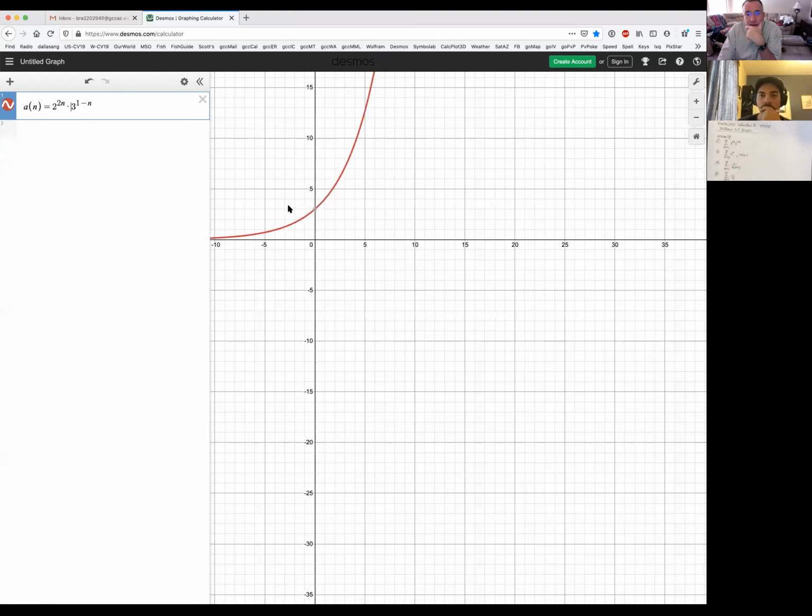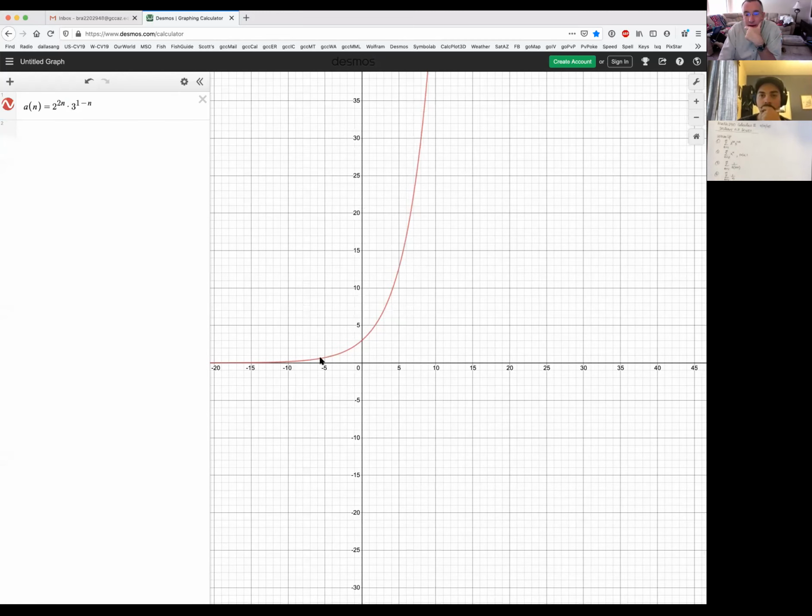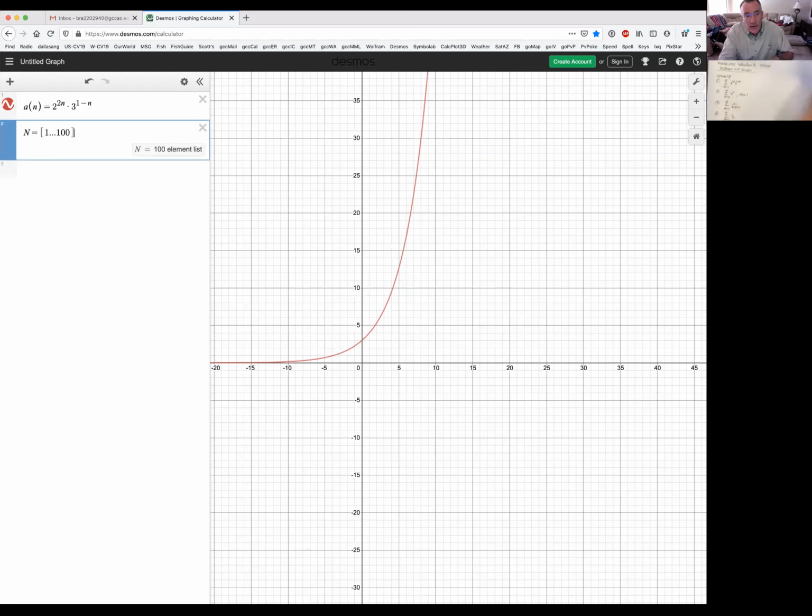If I graph this, I'm graphing a real valued function. And so Desmos defaults to n is any real number. So if you want it to be just integers, then you're going to plug in just natural numbers. I like to use big N for the natural numbers. Desmos can't do infinitely many of them, but it can certainly make a list of the first 100.